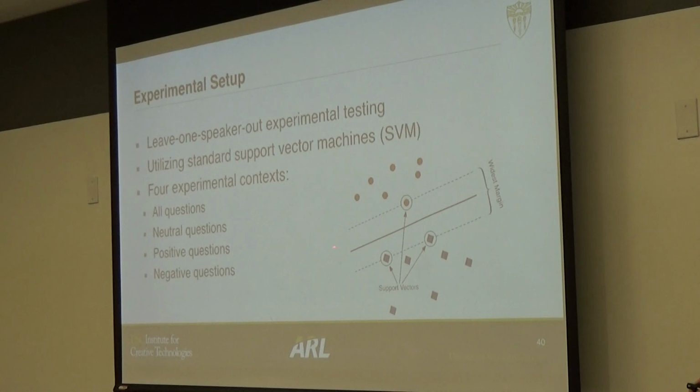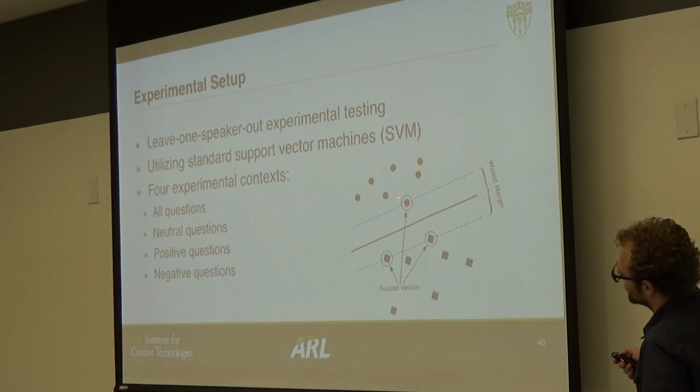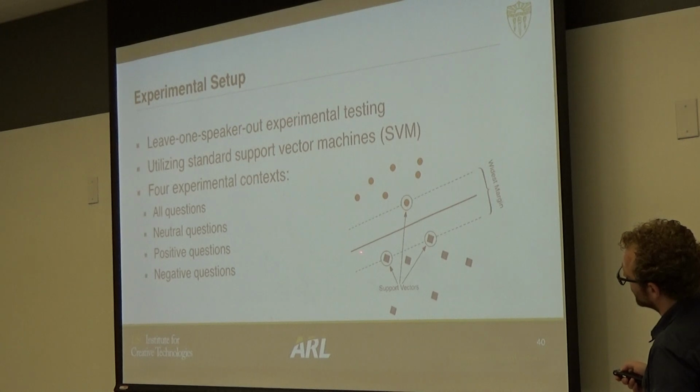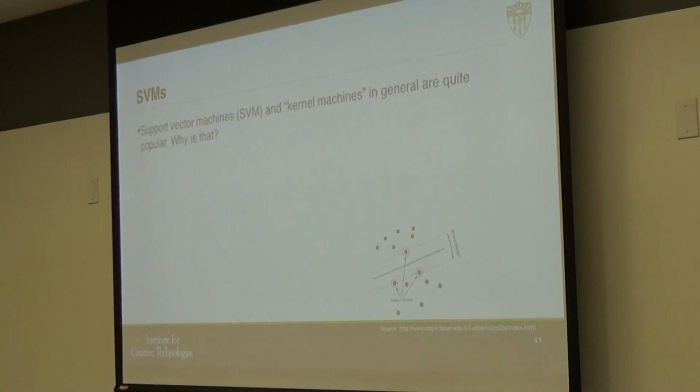The support vector machine tries to separate the red from the blue class, and it does so by maximizing the distance between the points on the margin and the hyperplane that separates the two. This is very high level.